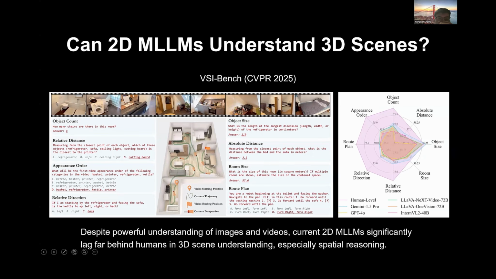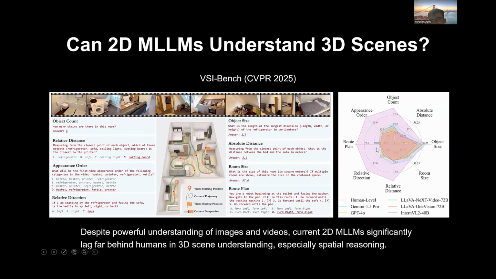Then a new question is, can the 2D MLLMs really understand 3D scenes? A recent benchmark, VSI-Bench in CVPR 2025, reveals that despite their powerful understanding of images and videos, current 2D MLLMs lag significantly behind humans in 3D scene understanding, especially in spatial reasoning.